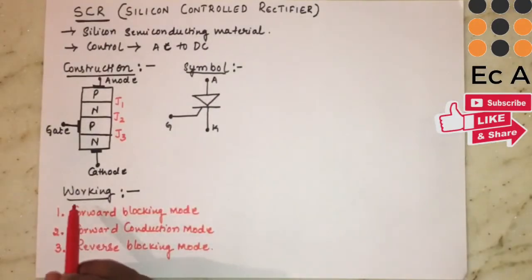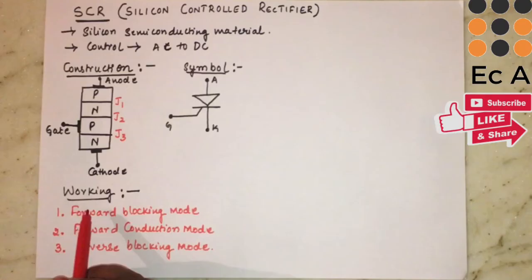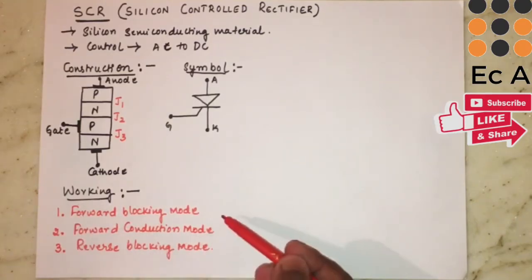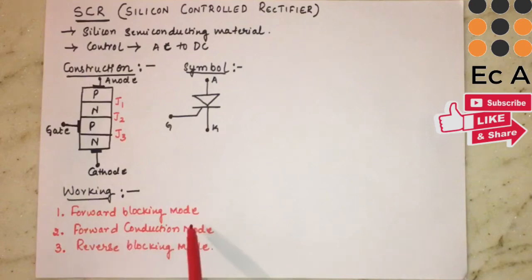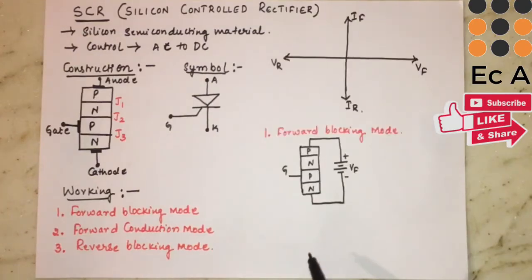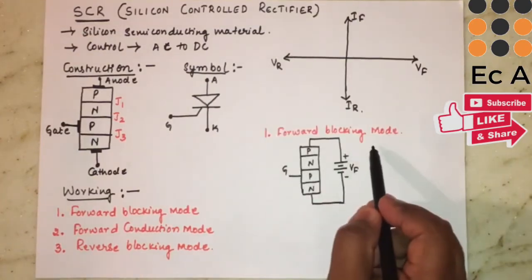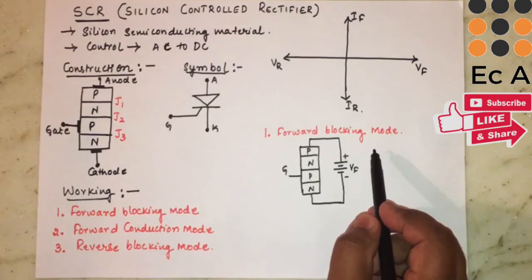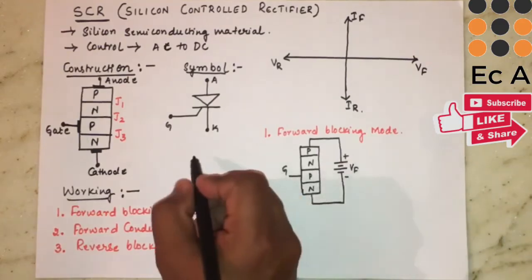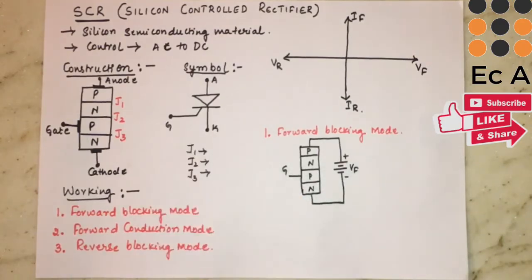Now let us see the working of silicon controlled rectifier. The working of SCR can be divided into 3 modes: forward blocking mode, forward conduction mode and reverse blocking mode. Now let us understand the forward blocking mode. Before going to it, you need to remember there are 3 junctions, J1, J2 and J3.